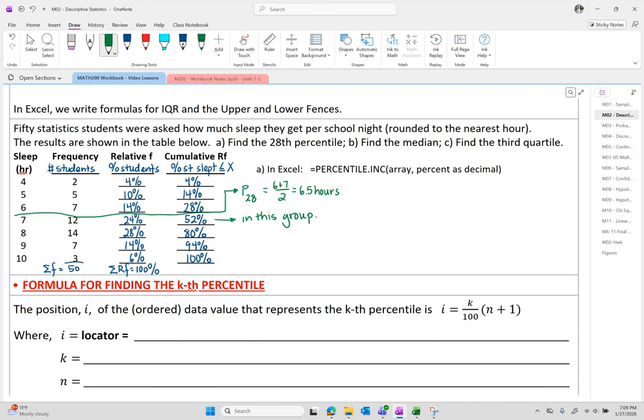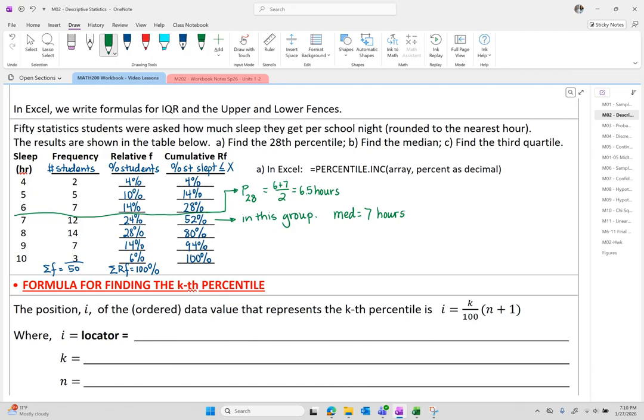Therefore, the middle is where the cumulative relative frequency surpasses the 50%. So it is in this group, and that median will equal that particular data value, which is 7 hours.